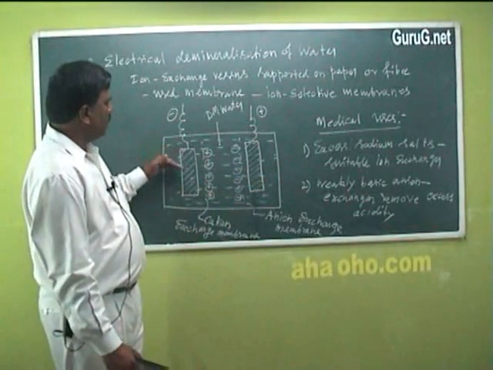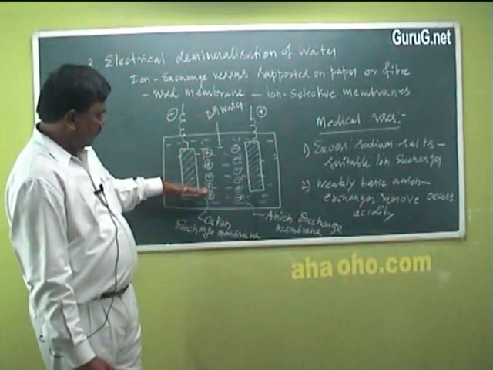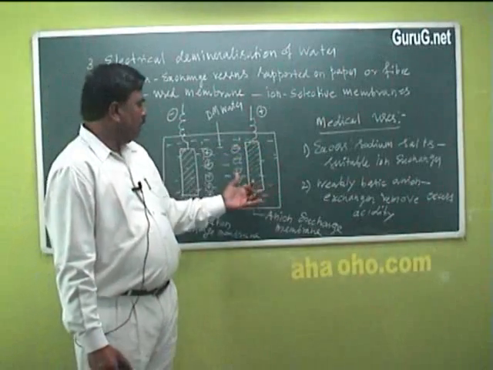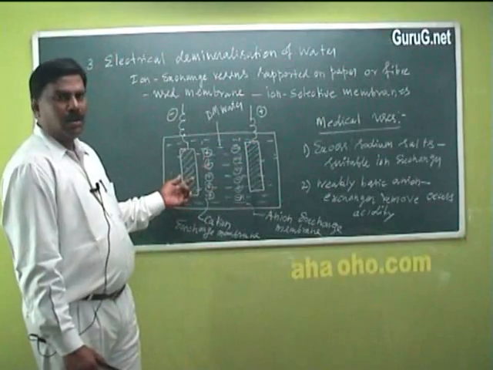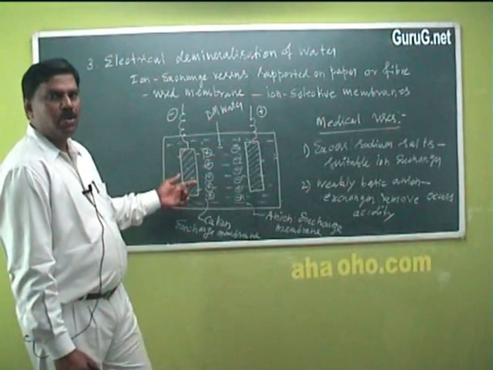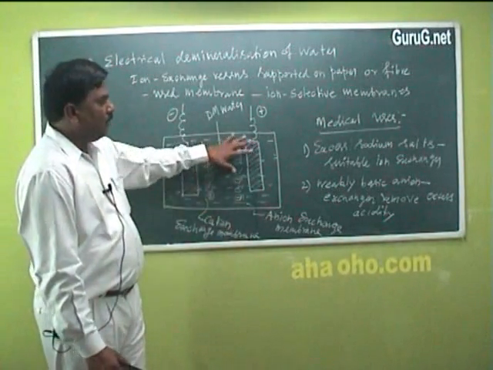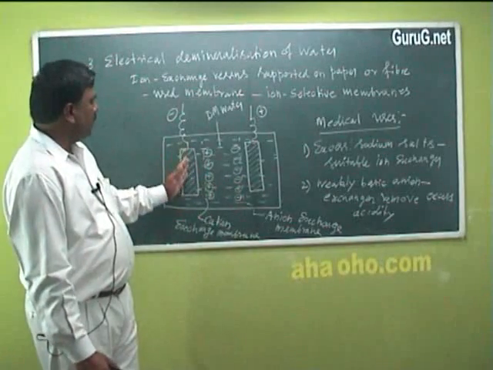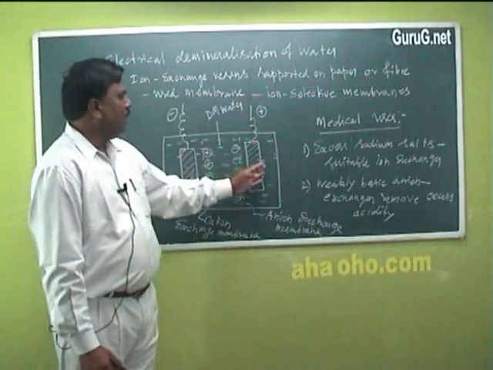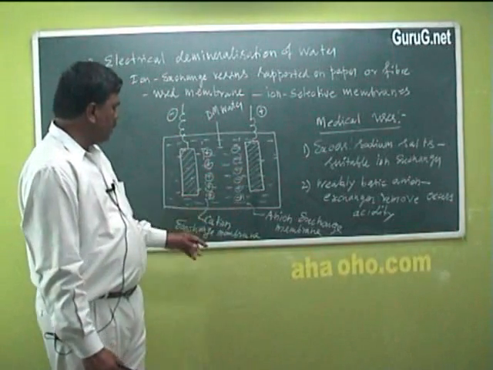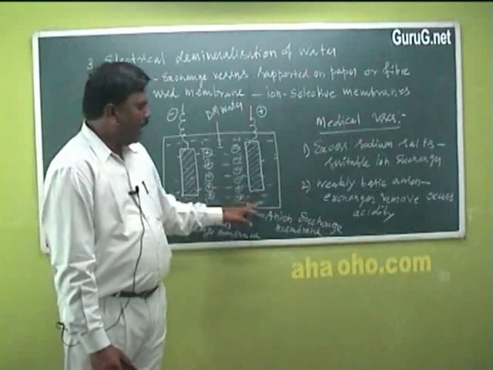The hard water in the container has both cations and anions, that is calcium, magnesium, and also chlorides and sulfates. The container is fitted with the two electrodes, cathode and anode, and nearby are a cation exchange membrane and an anion exchange membrane.